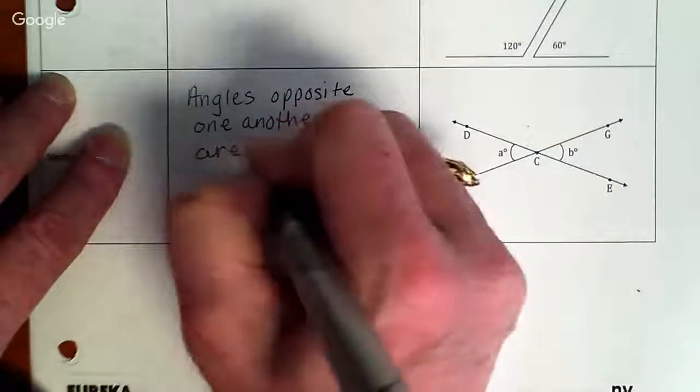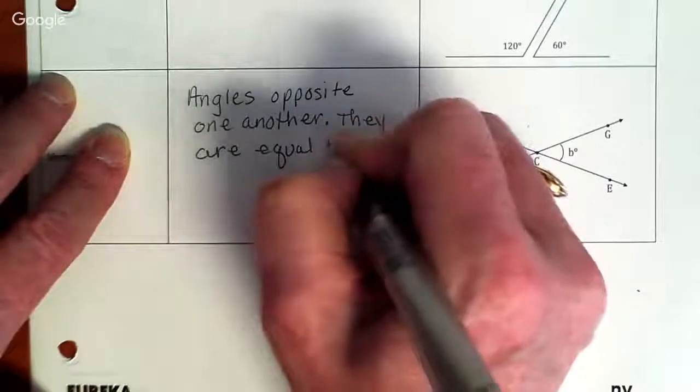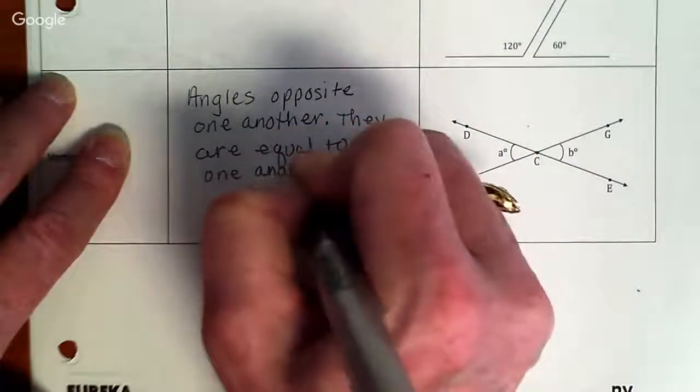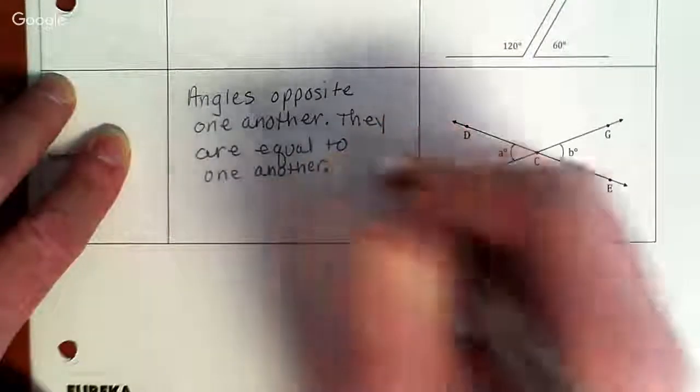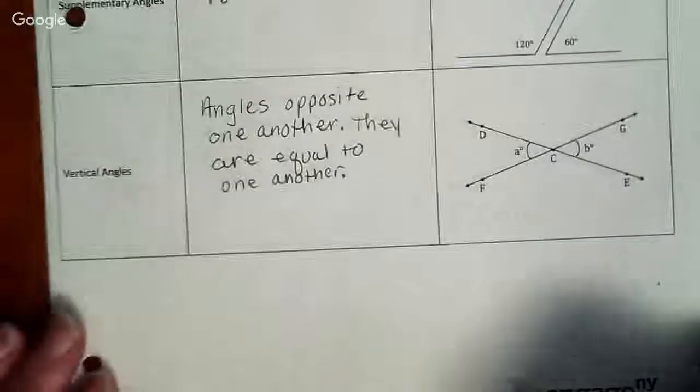They are equal to one another. Those are our review definitions. Now let's do some examples.